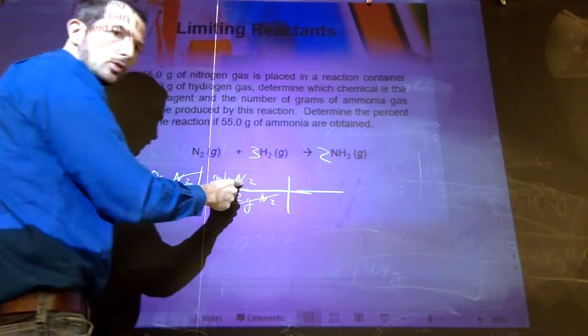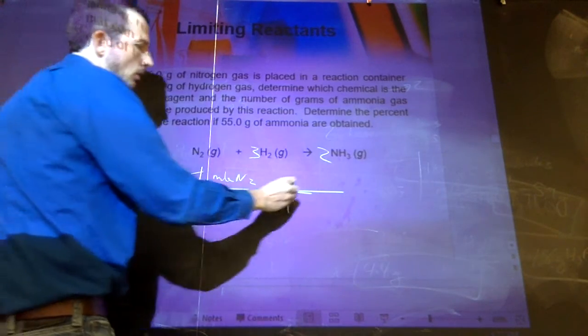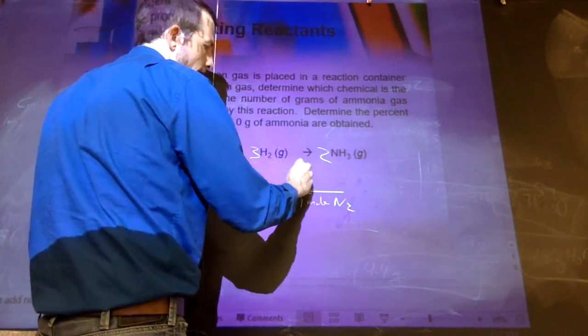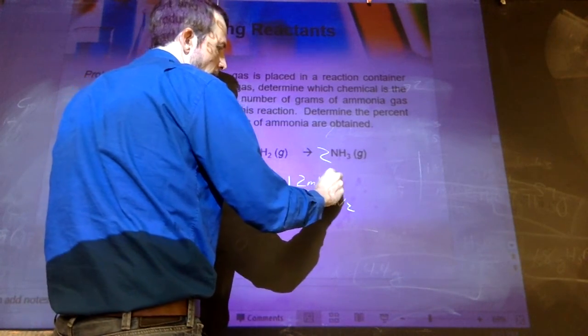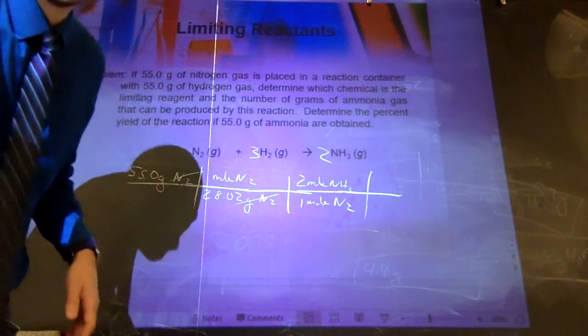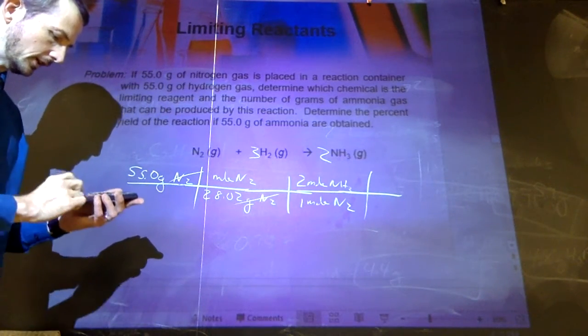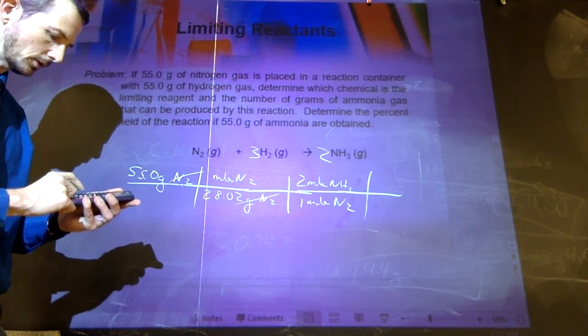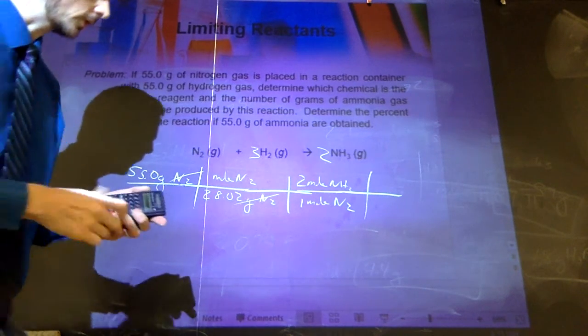So now I have moles, I can use my balanced equation. 1 mole of nitrogen produces 2 moles of NH3. Use the molar mass of NH3, so 14.01 plus 3 times 1.008, so 17.03.